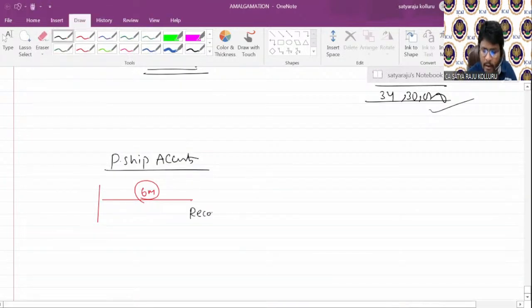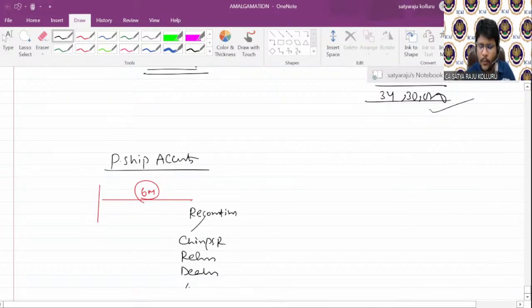Reconstitution will happen. Reconstitution means maybe a change in PSR, or retirement of a partner, or death of a partner, or appointment of an additional partner. Anything may happen. So reconstitution is going to happen.